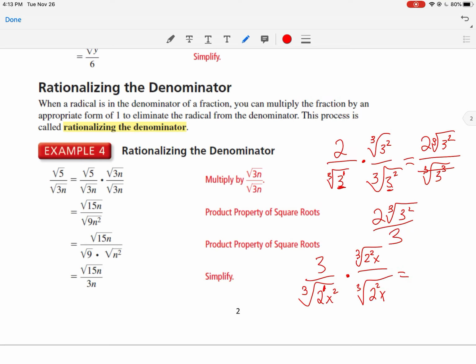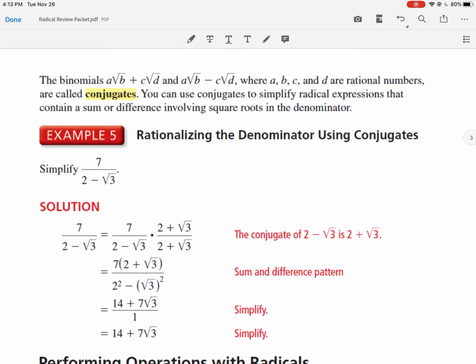The reason for that is I have 1 two and I need 3, so I need 2 more 2's. So that gives me the cube root of 2 cubed. I have 2 x's, I need 1 more x. So that's x to the third. All that cancels out and leaves me with 2x on the bottom. And then the top just multiplies, and the 3 doesn't get to go in, so it's just 3 cube roots of 2 squared x, over 2x.